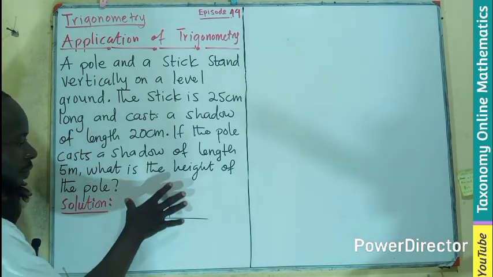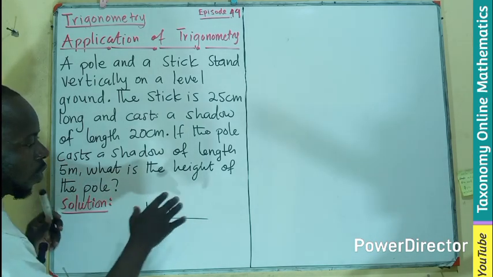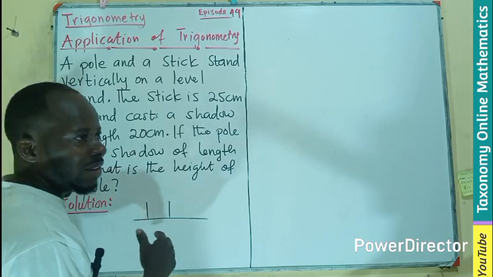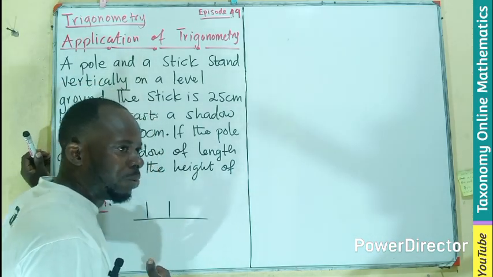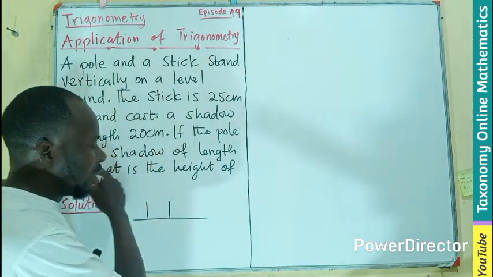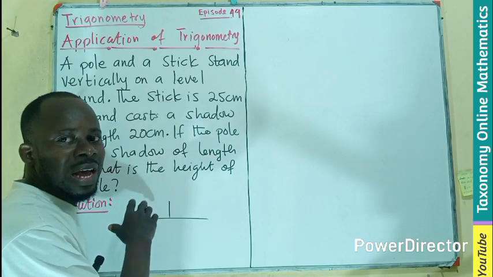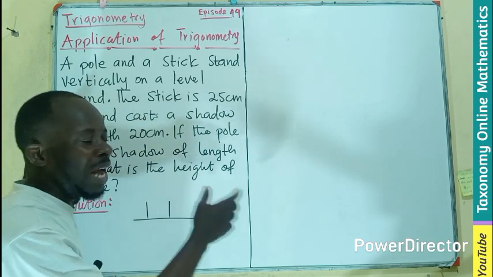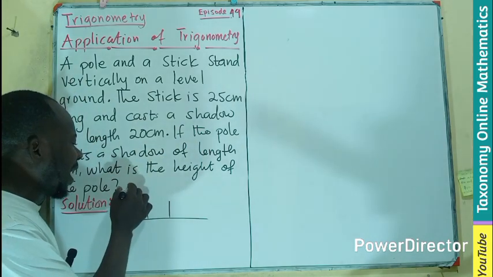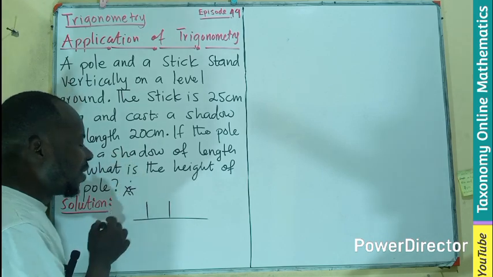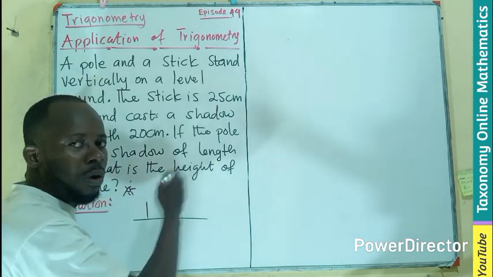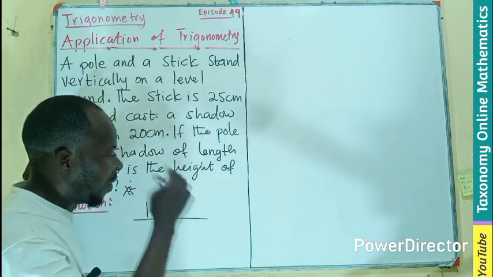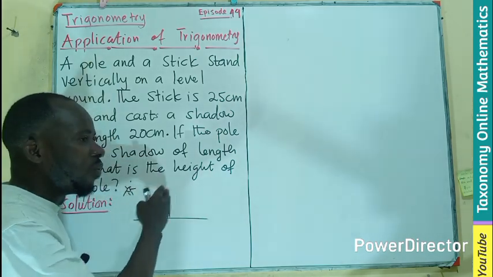Now remember, if we have two poles on the ground, for them to cast a shadow, the shadows are going to fall in the same direction because the sun will be at one side of where they are. So let's imagine the sun is here. If the sun is here, their shadows fall to the right.